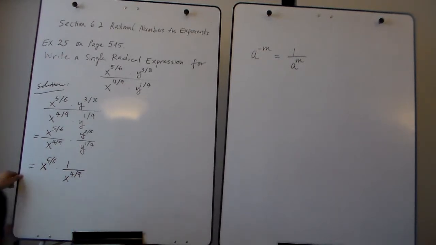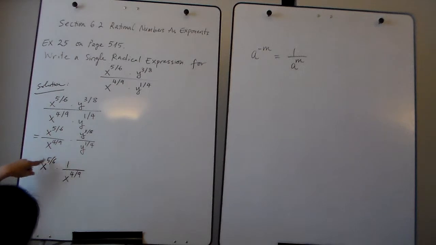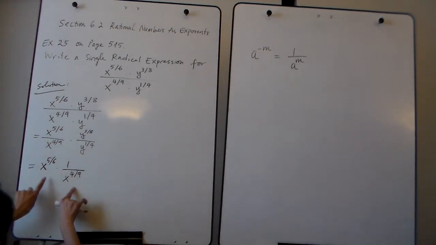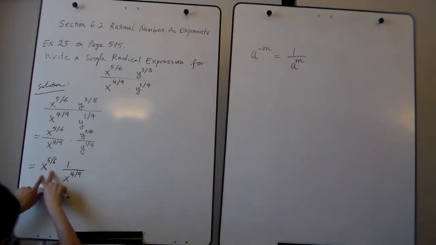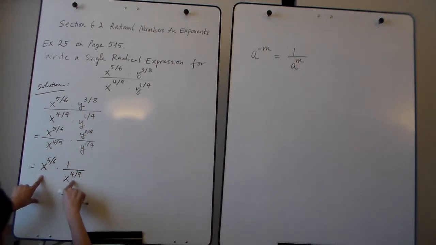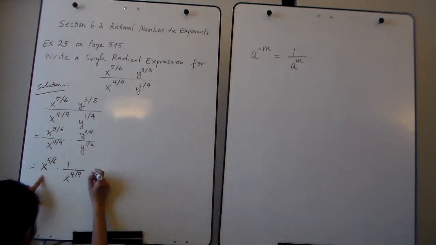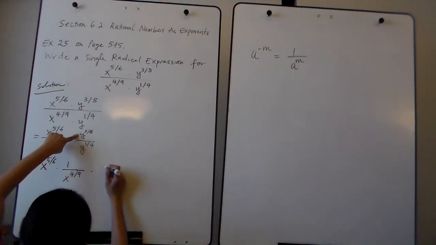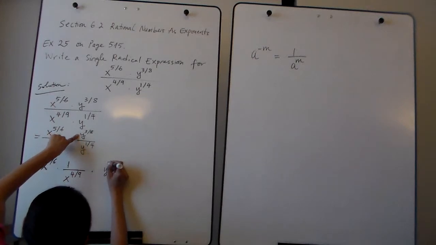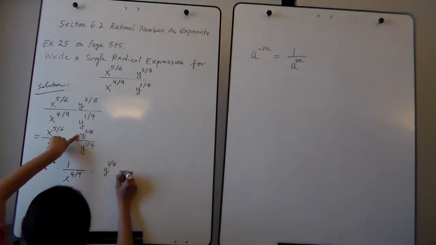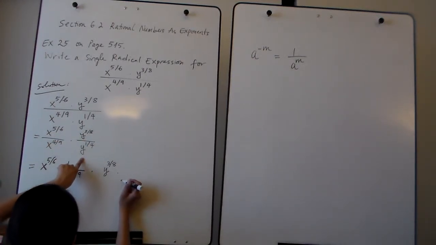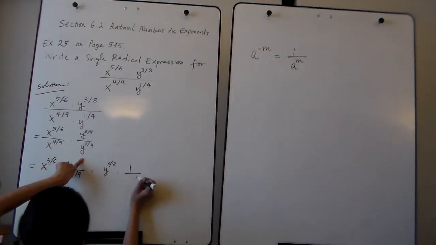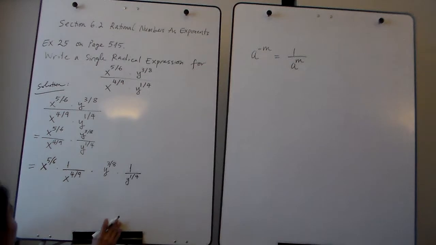So this one quotient, I'm just splitting it into x raised to 5/6 times 1 divided by x raised to 4/9, times, and I'm going to do the same thing, y raised to 3/8 times 1 divided by y raised to 1/4.